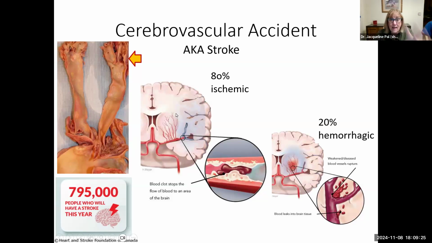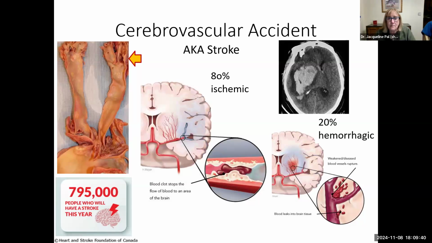So we can try to save some of these neurons in your brain. But if we gave that medication to somebody who had a hemorrhagic stroke, we have just given them a huge, massive bleed and killed them. So we can't do that. All right. So here's an example of somebody who has a hemorrhagic bleed, because we give the dye in the blood vessel, and so it shows up white in the brain.